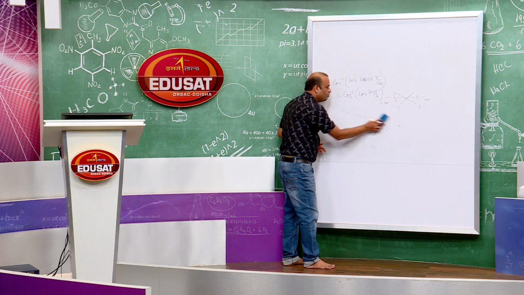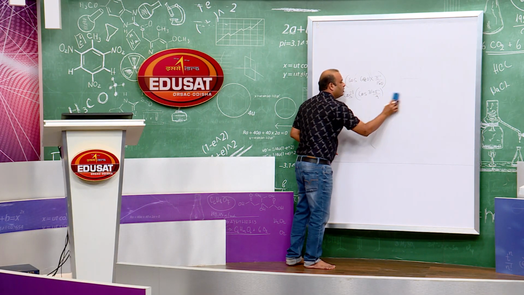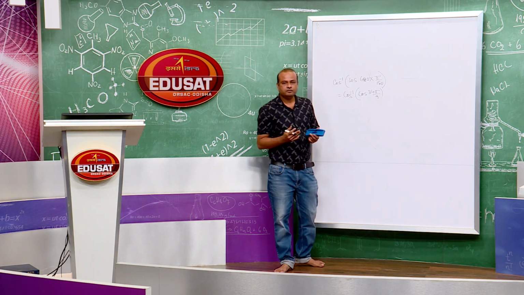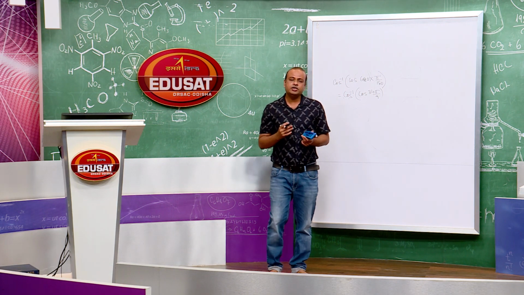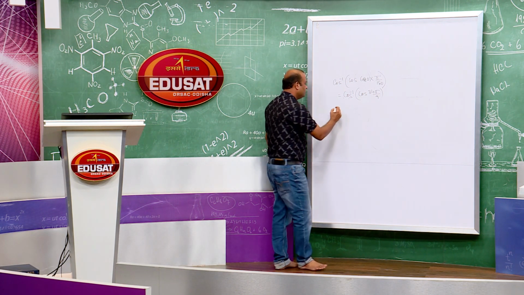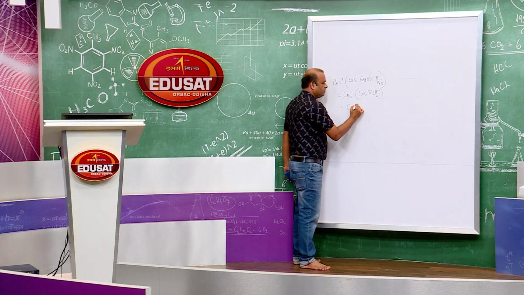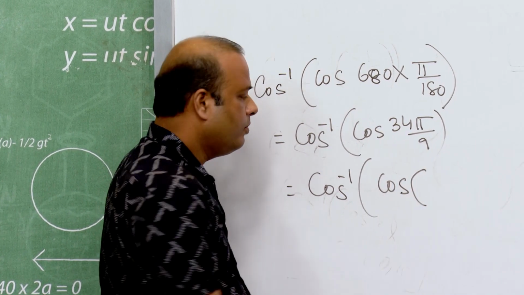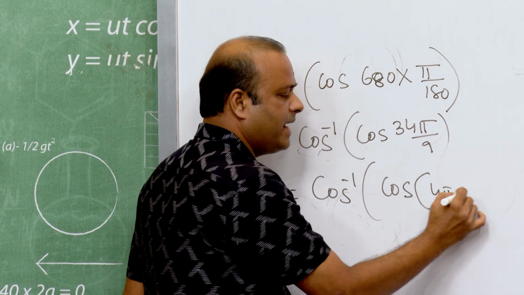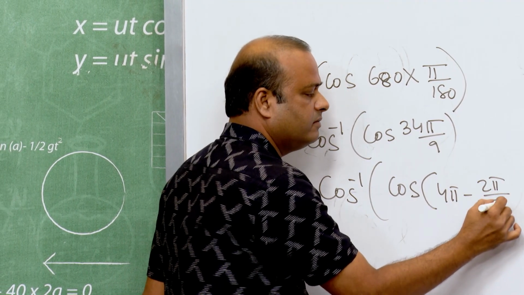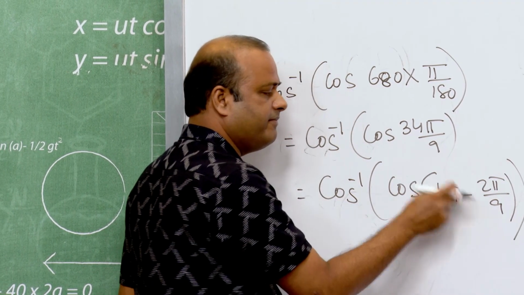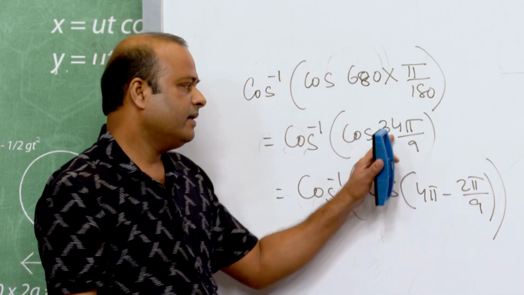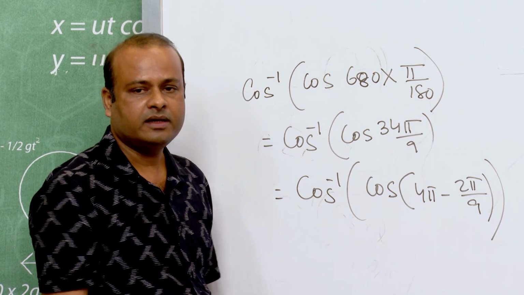So we have to reduce it to a value which lies between 0 and pi, that is cos inverse cos of 4 pi minus 2 pi by 9. It gives the same value, that is 36 pi minus 2 pi, that is 34 pi by 9.